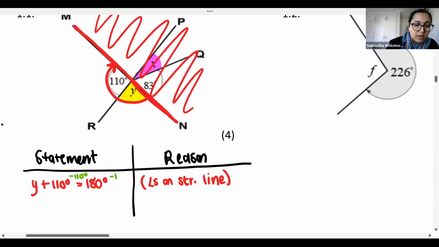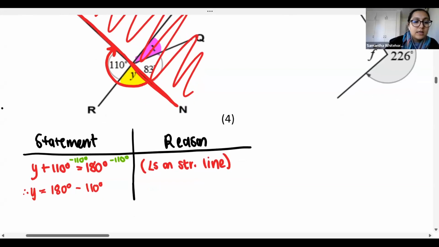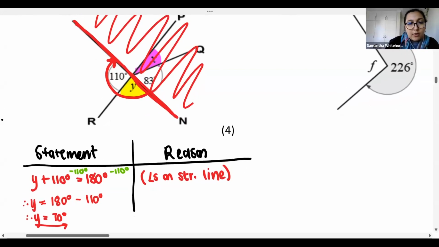So I'm going to subtract 110 on both sides because I want to solve for Y, and I get that Y is equal to 180 minus 110. Now I don't have to give the reason again. This is all part of the same working out. And so Y is equal to 70 degrees. So now I know that this yellow angle, that Y angle, is 70 degrees in size.